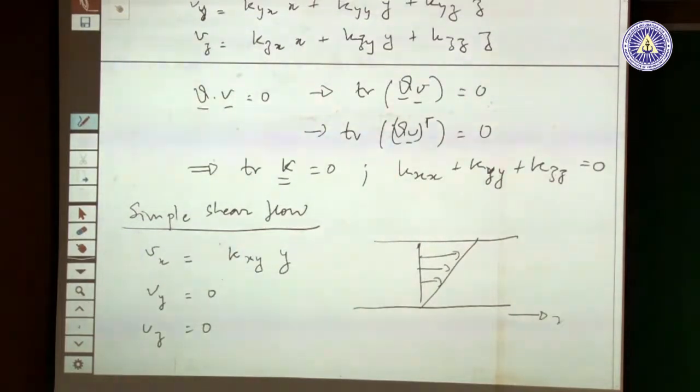This is the x direction, that's the y direction. So, there is no flow in the y direction, there is no flow in the z direction, the only component of velocity is in the x direction, and kappa xy is your shear rate gamma dot. Okay? And you see all other kappas are 0, and you satisfy trace kappa equal to 0, because all the diagonal components are 0 anyway.